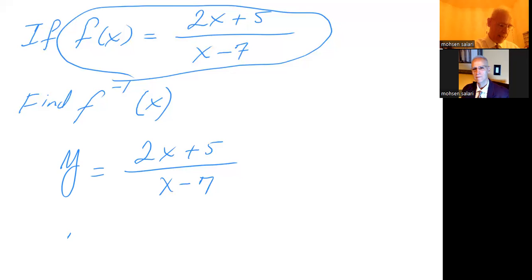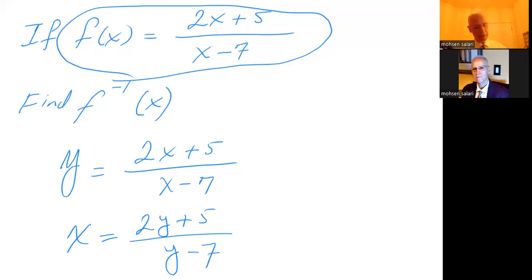So I'm going to write x equals 2y plus 5 over y minus 7. After swapping x and y, the next step is to solve for y.